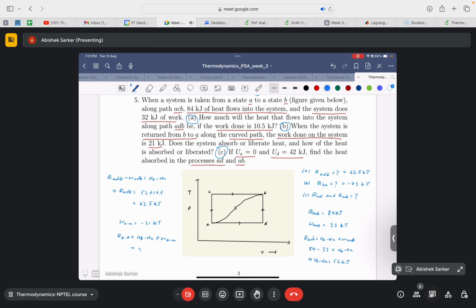UB minus UA is 52, right? Then, oh, sorry, we are going from B to A, right? So the final state is now UA minus UB, right? So minus 52, minus 52, and this is minus 21. Once you do it, you will get minus 73 kilojoules.